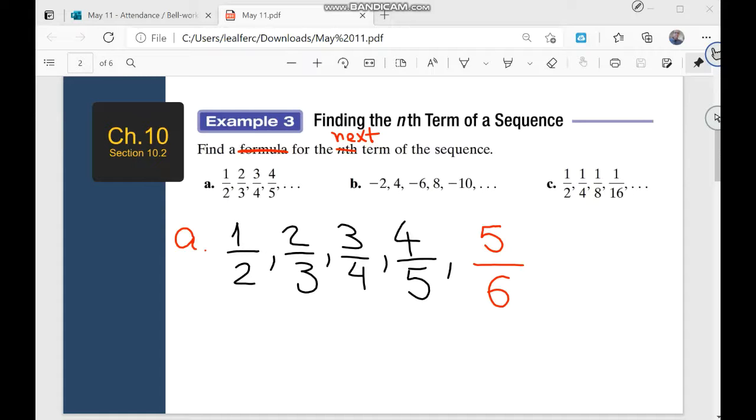So the next term of this sequence is 5 over 6. And again, tomorrow we will find a formula for this sequence. Today, just the next term, 5 over 6. You all agree? 5 over 6 is the next term of the sequence.